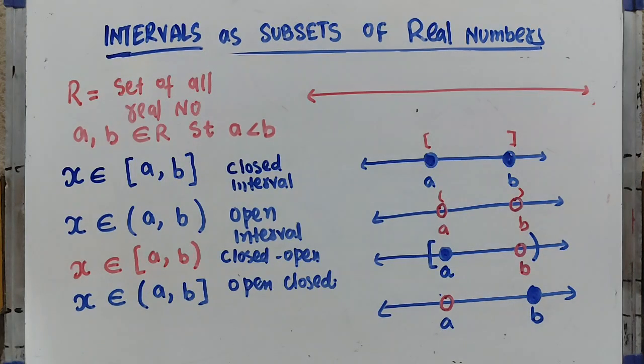Now how do we show it in the set form? We can write it in the interval notation. Let us suppose in the set notation we write it like this.